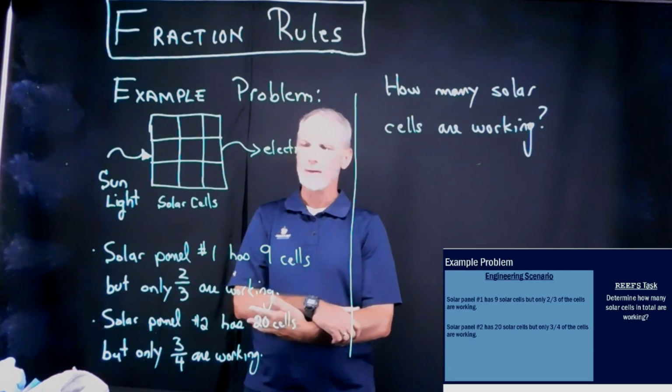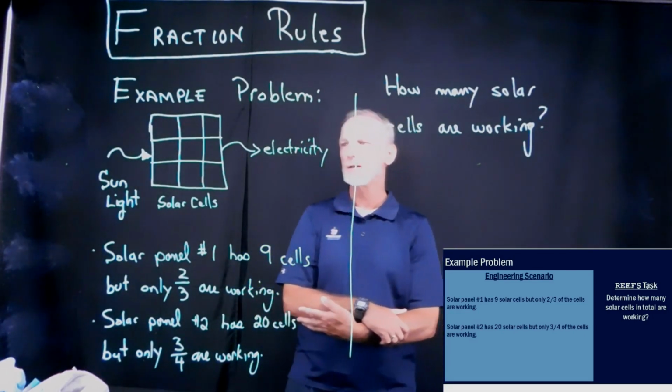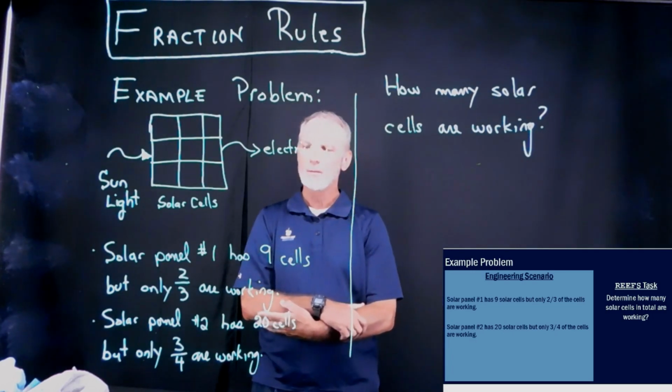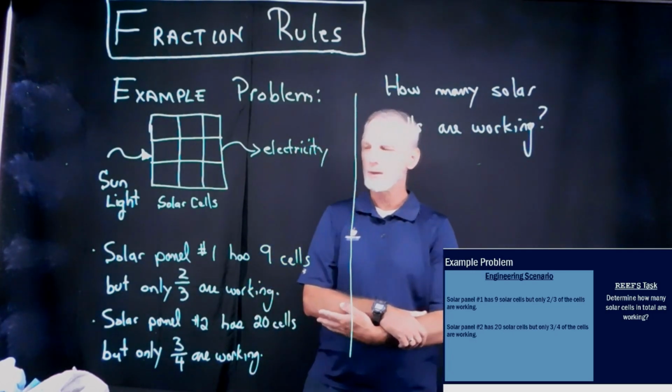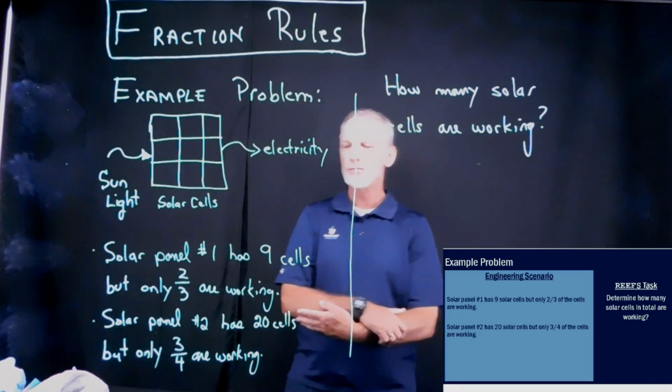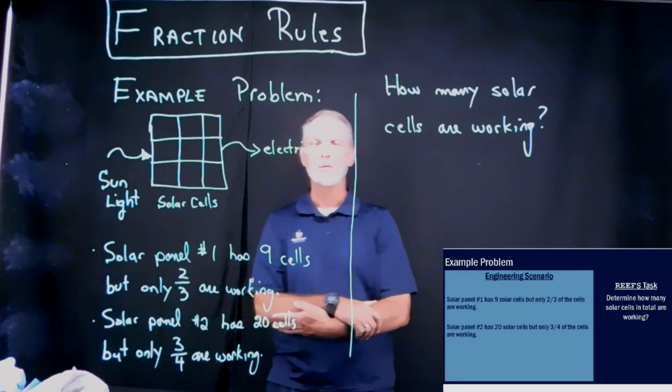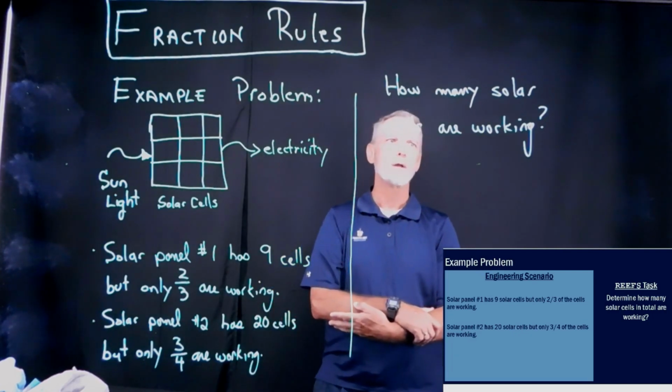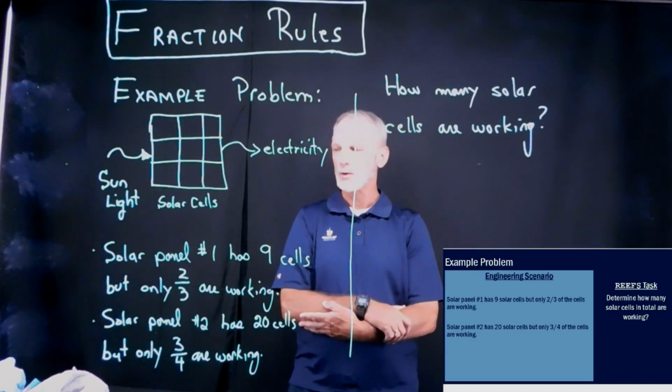In our first solar panel, it has 9 individual solar cells, but only 2/3 of them are working. In the second solar panel, it has 20 cells, but only 3 out of 4 are working, or 3/4 of them. What we want to know is how many solar cells are working altogether.